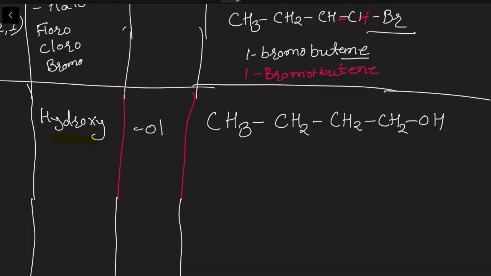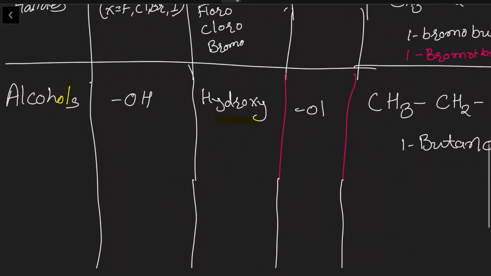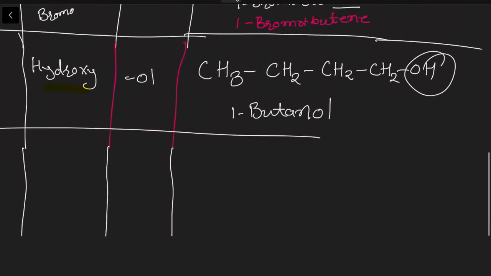All I simply did is I replaced this bromine with OH, and we can call this 1-butanol. All has a single chain, so butanol. Butanol. That's what we call it.